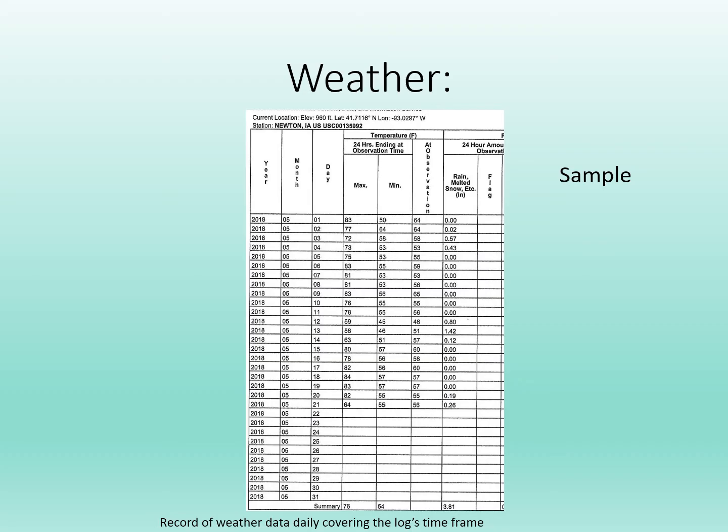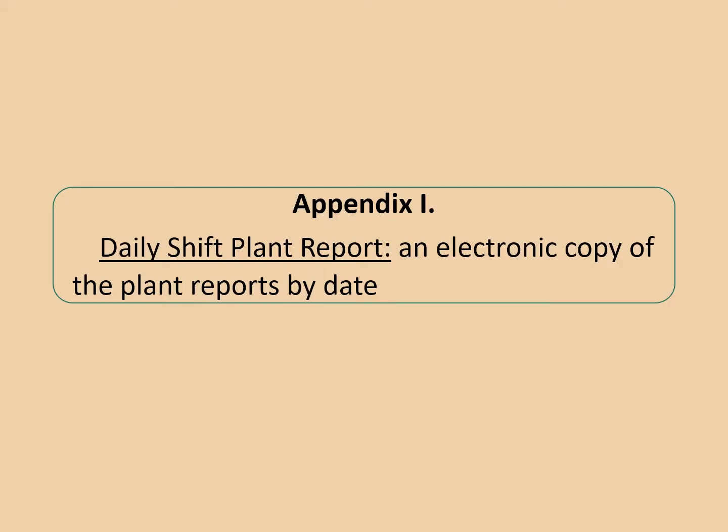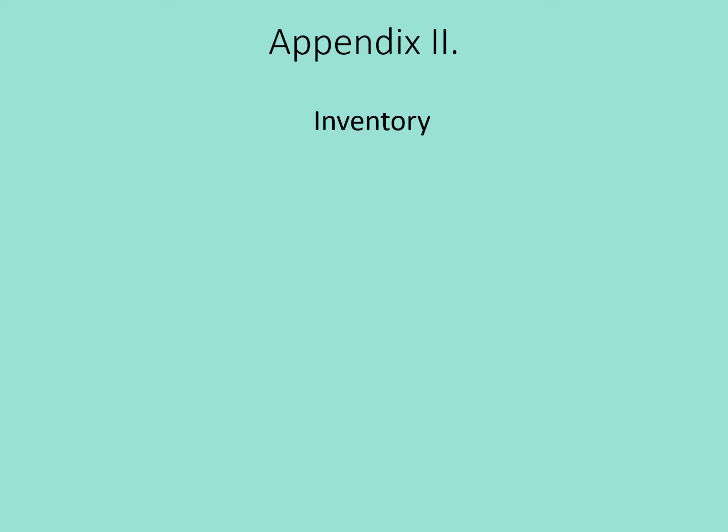The log will recap text, email, phone calls, or any other communication between the log and the plant site. In this section, the log will record weather data for the time period of the log. Appendix 1. An electronic copy of plant reports sent to the log will be filed in this appendix. Appendix 2. Inventory.